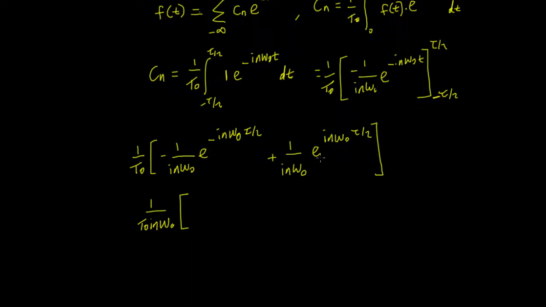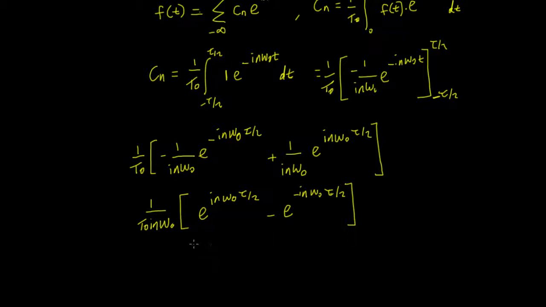So we'll take this one first and then this one next. So we'll have e to the I n omega naught tau upon 2 minus e to the minus I n omega naught tau upon 2.